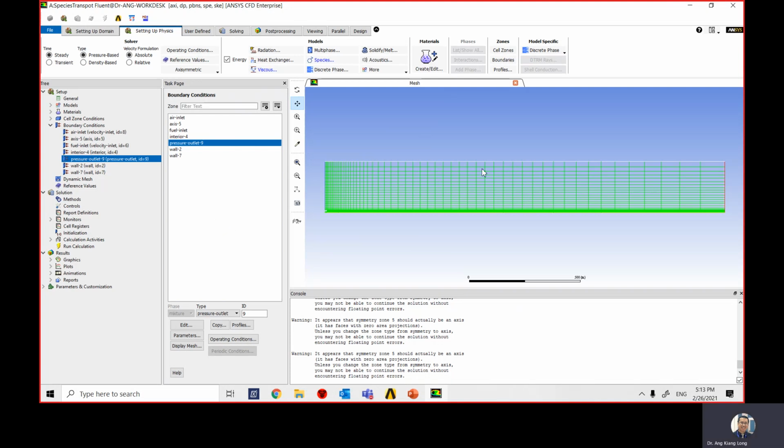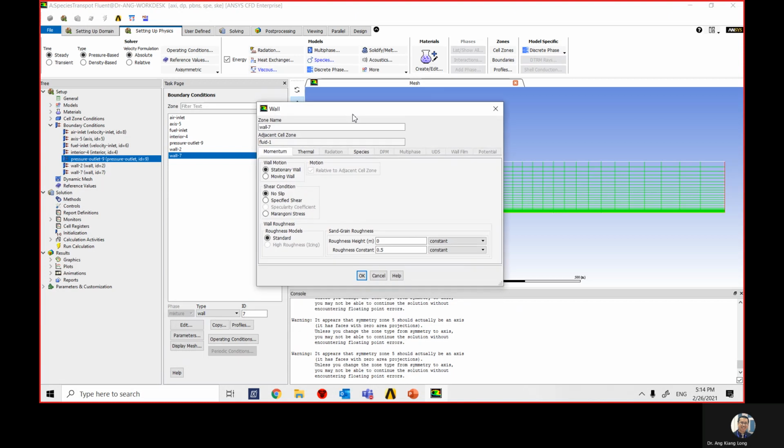Then we need to define our walls, number 7 and number 2 here. So we go to number 7 first, and click edit. Number 7 here refers to the outer wall, so we change the name to outer wall, or any name that you feel comfortable with.